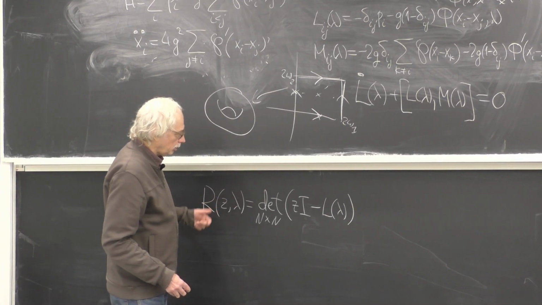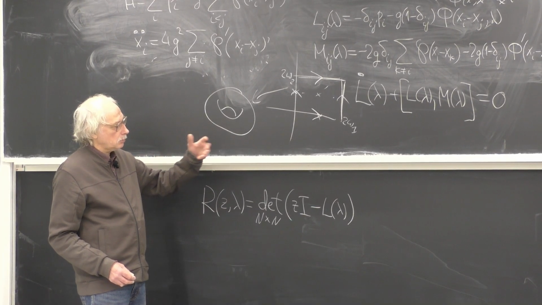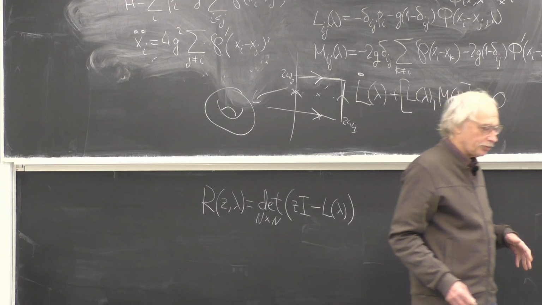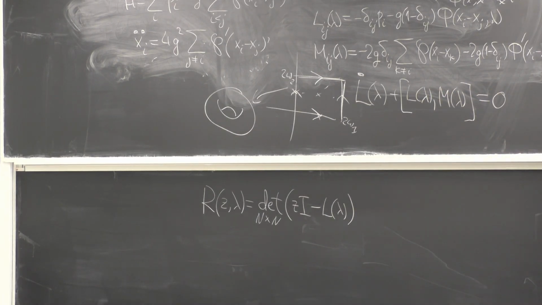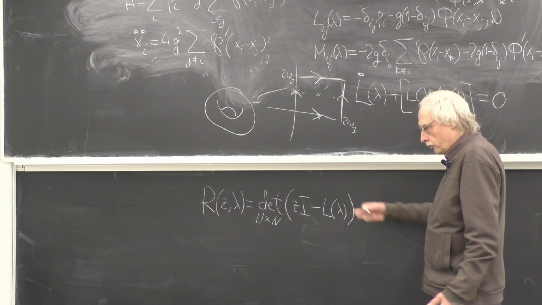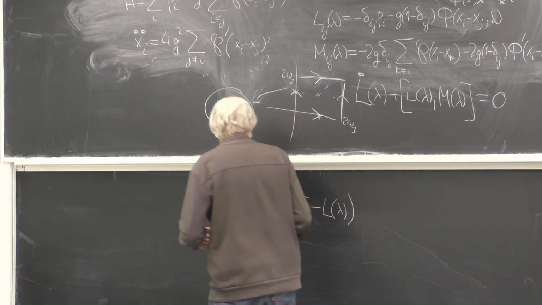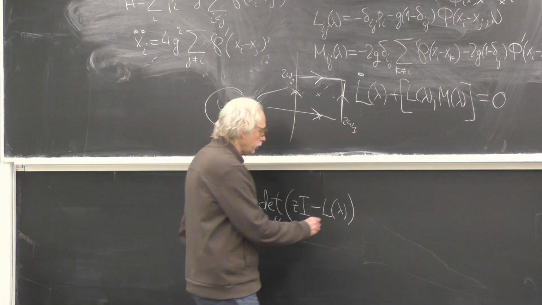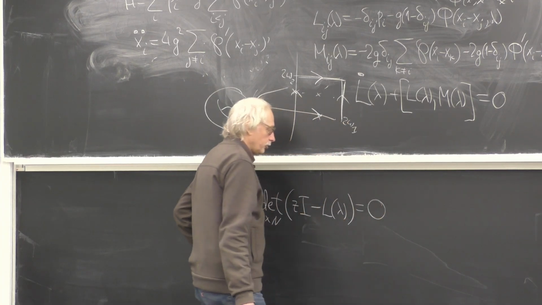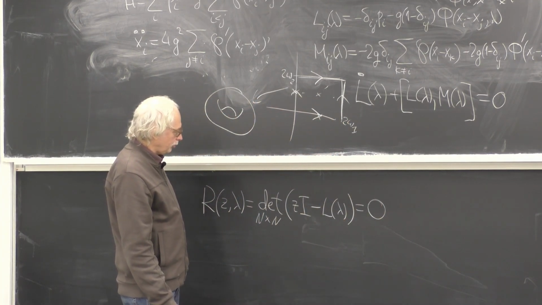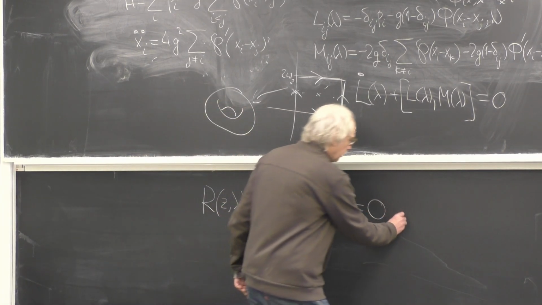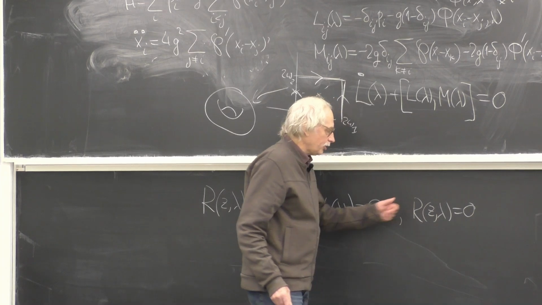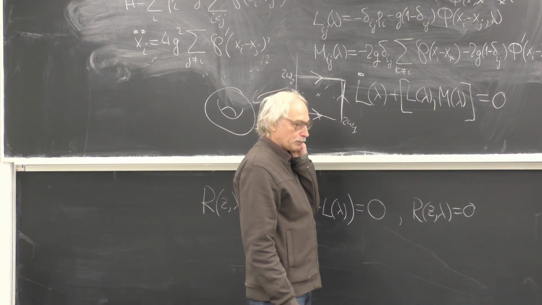And this is because the Lax equation states that the time evolution is an isospectral transformation. This is a spectral invariant, and it is conserved in the dynamics in all higher flows. And if we set this equal to 0, consider such an equation R of z, lambda equals 0. This gives us a curve, which is called the spectral curve.